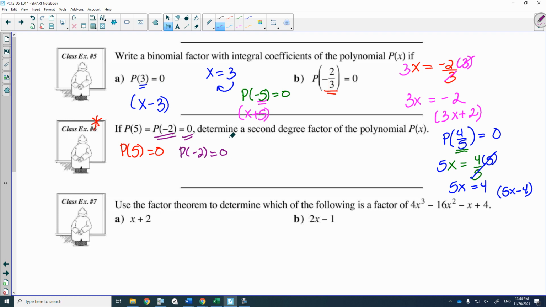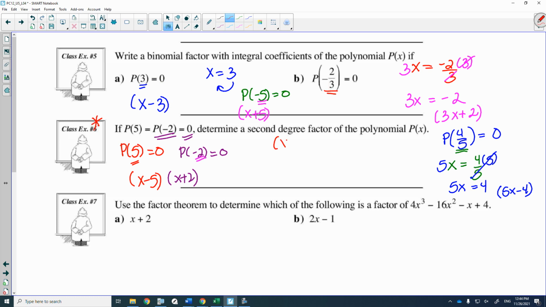It says determine a second degree factor of the polynomial p of x. So if I need to rewrite these as the factors, in order to get x is equal to 5 here, I know that factor would be x minus 5. And then in order to get a root of negative 2, I know that the factor would be x plus 2. They want to know what the second degree factor would be.